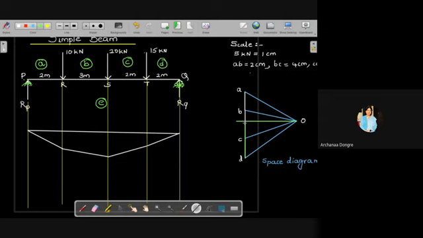So be careful at that point, because this is an approximate diagram. My Q point is getting here. So DQ, sorry, it is DE. DE is the reaction at Q.